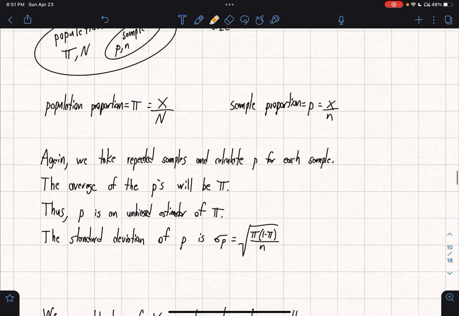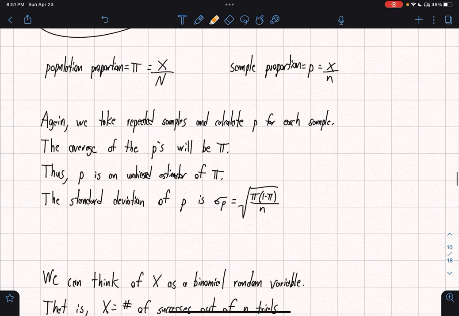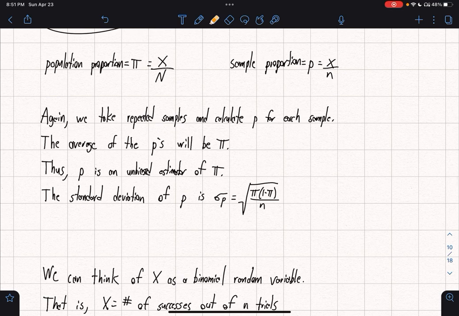The process is very similar to what we've talked about before. Again, we take repeated samples and we calculate our sample statistic p for each of those samples. We then average all of those p's, and that will be our estimate for pi.